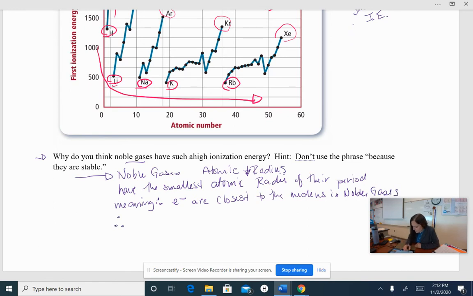Also meaning, do you guys know that 3 little dots mean therefore? This is kind of shorthand for therefore. Therefore, the electrons are the most attracted to the nucleus in noble gases.